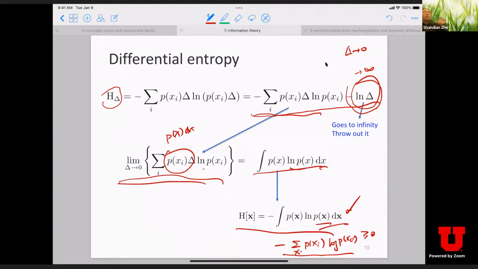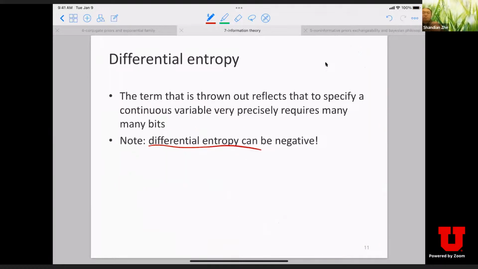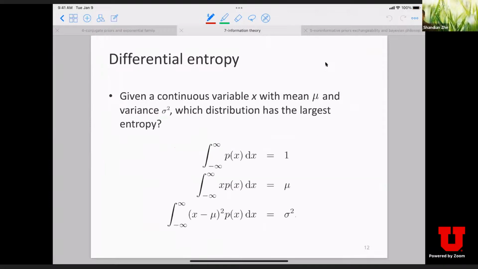So when you do this integral, it can be negative. Don't be scared if you get negative entropy for some continuous random variables. It's completely normal. Before we move on, any questions?